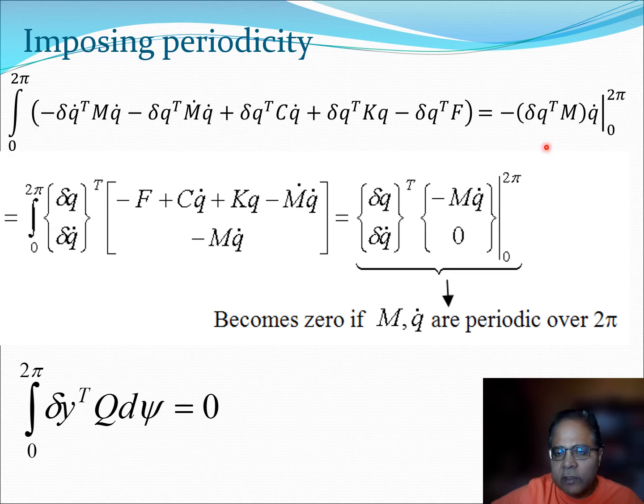So now we have this equation here. We can express it in the form given here, and then the right hand side becomes 0 because m, q dot are periodic over period 2 pi.